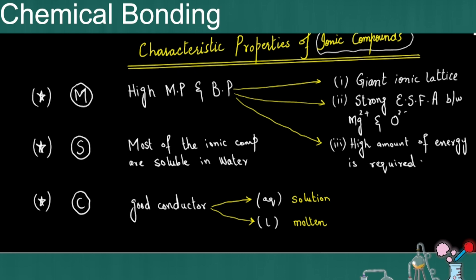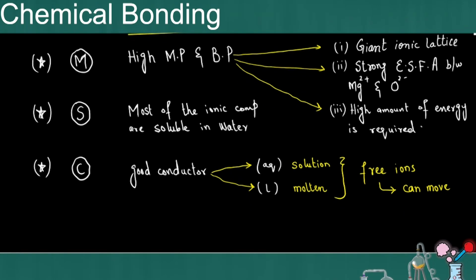So ionic compounds are good conductors when they are present in the solution state or in the molten state, because they have free ions. Free ions है तो it means these ions can move. When the ions can move, they can conduct electricity. Otherwise, in the case of solid, they cannot conduct electricity.